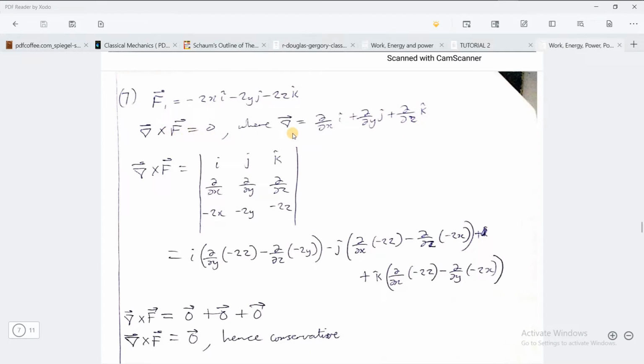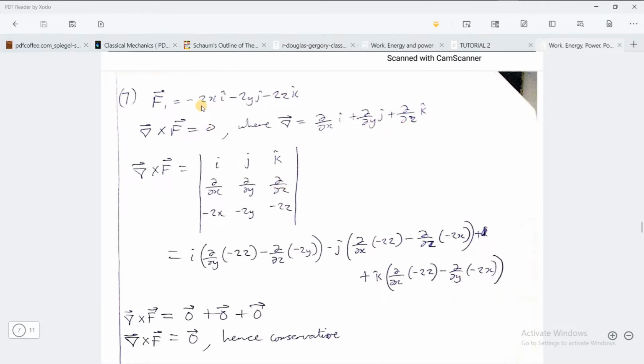Now how do we take the cross product? We follow the same procedure. If you've been given two vectors and you're told to take the cross product, you use the determinant method, where we place i here, j here and k here. After that we place partial over partial x, partial over partial y, partial over partial z here.